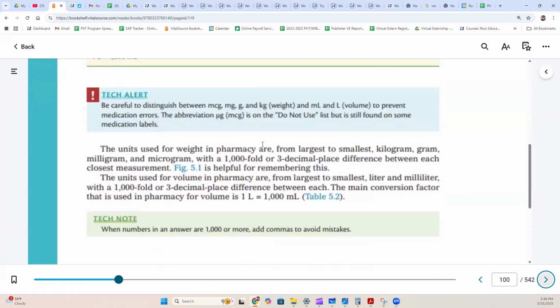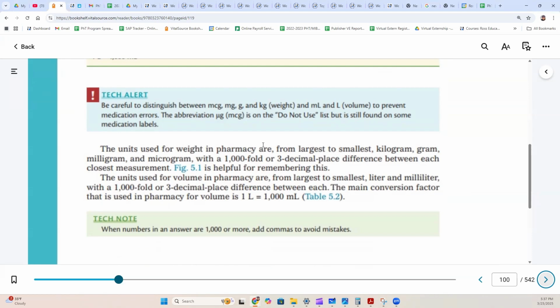The units used for weight in pharmacy are from largest to smallest, kilogram, gram, milligram, and microgram, with 1,000-fold or 3 decimal place difference between each closest measurement. The units used for volume in pharmacy are from largest to smallest, liter and milliliter, with 1,000-fold or 3 decimal place difference between each.